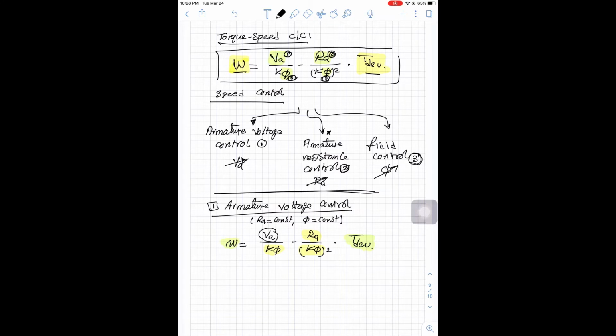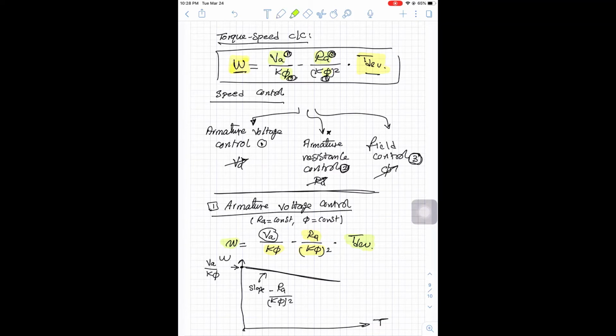If we sketch our torque speed characteristic, here is T, here is omega, and here is our characteristic. The starting point here is VA divided by K phi. The slope here is minus RA divided by K phi all squared.